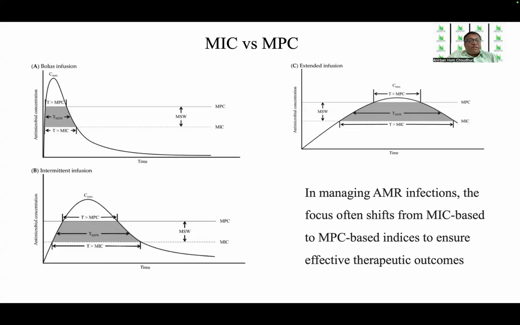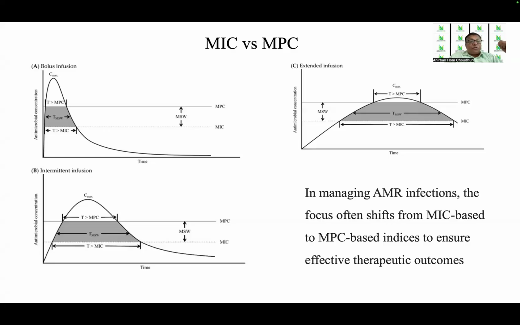This MPC is much above the MIC, but we should plan the dosing in a way that this time, the TMSW, the mutant selection window, is kept to a minimum. This is likely to be minimal with drugs that have a concentration-dependent killing mechanism, where we target the Cmax instead of T greater than MIC or area under curve greater than MIC.